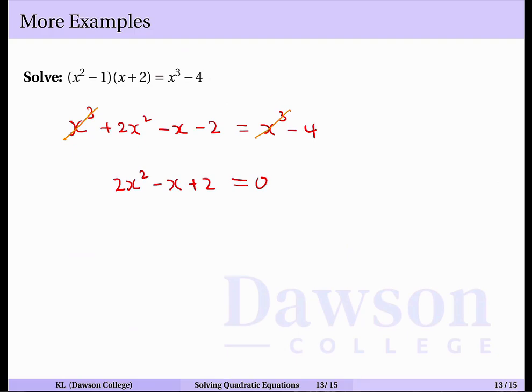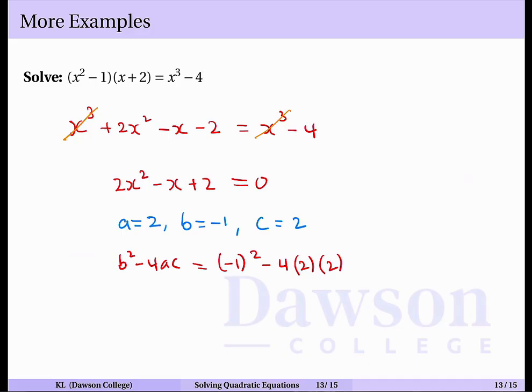Now, if you look at this, a equals 2, b equals -1, c equals 2. If we check b squared minus 4ac, b squared, that's -1 squared, minus 4 times 2 times 2, this will be 1 minus 16, this is -15.